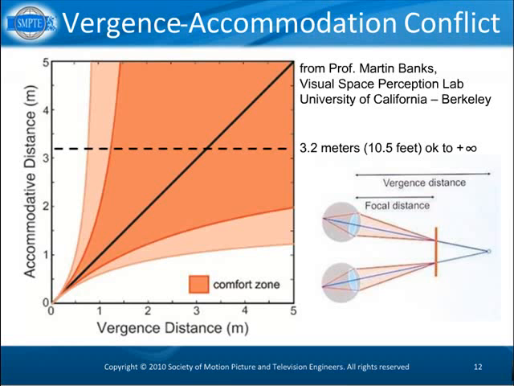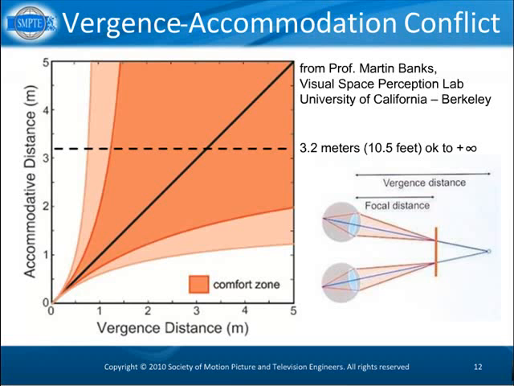Now, on the left, I've shown the latest diagram from Professor Martin Banks of the Visual Space Perception Laboratory at the University of California in Berkeley. It shows on the vertical axis accommodation distance, that's how far you are from the screen, and on the horizontal axis, vergence distance, that's what the stereographer is asking you to point at. And the screen is basically that black line running diagonally through the image.